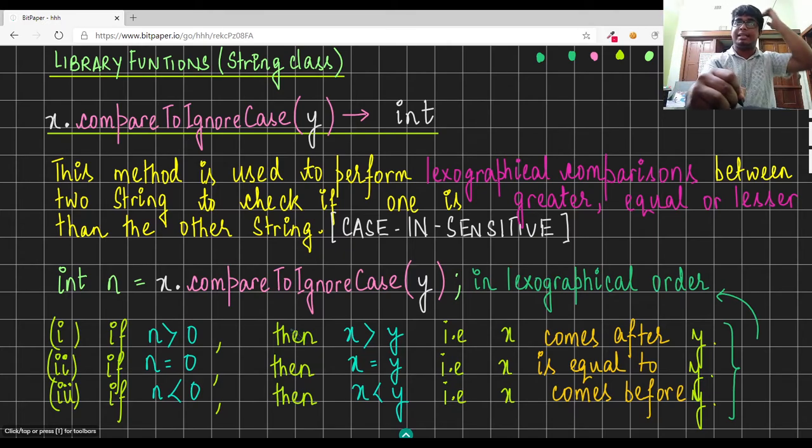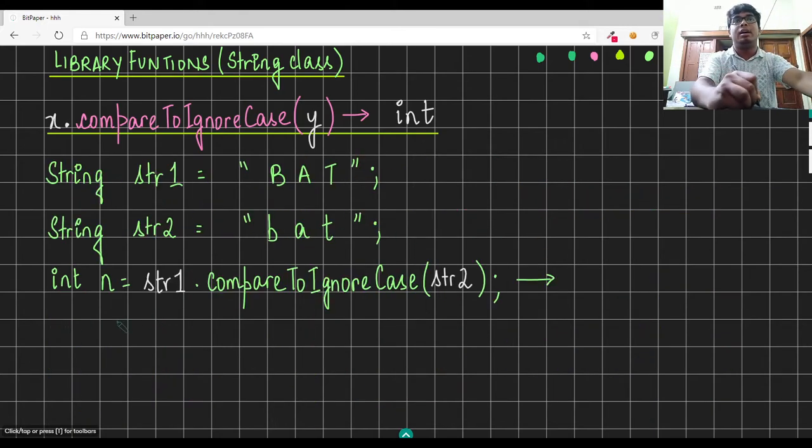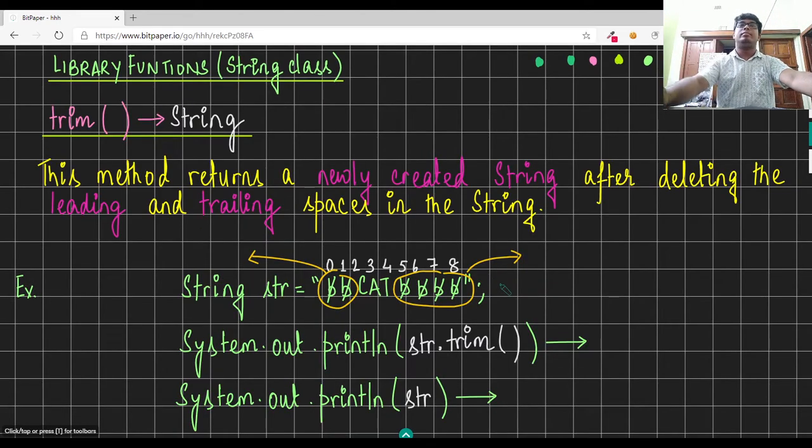Let's see that example. So here, this value would be 0, because these two strings have the same content, leaving aside the case. Okay. Now, let's understand the trim function. This function is also important for word extraction problems.